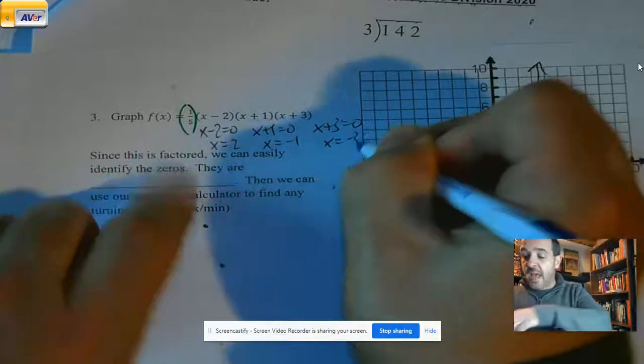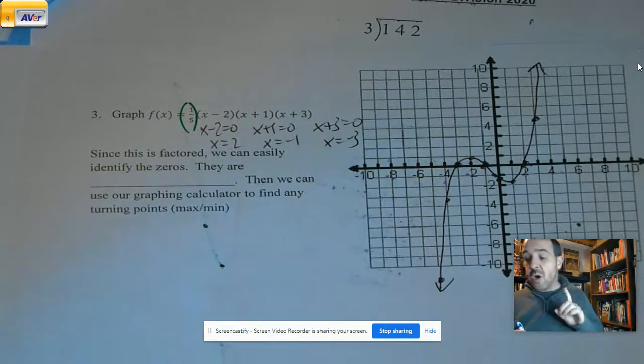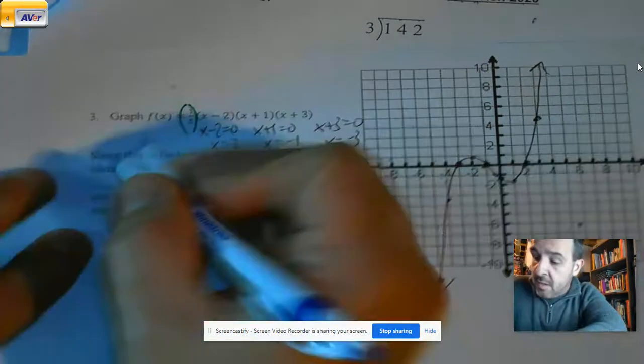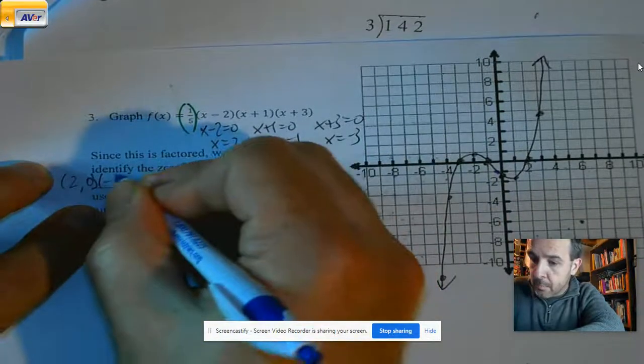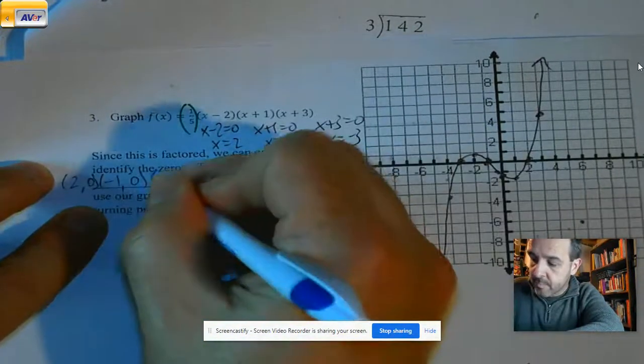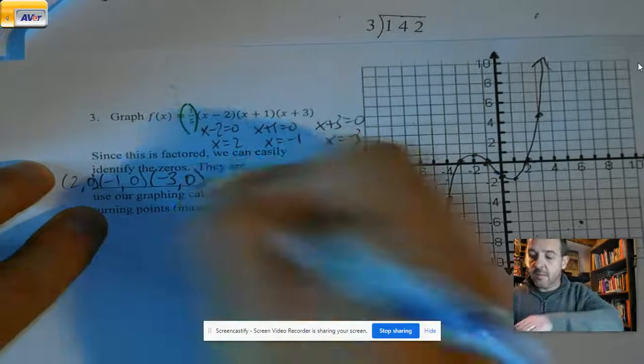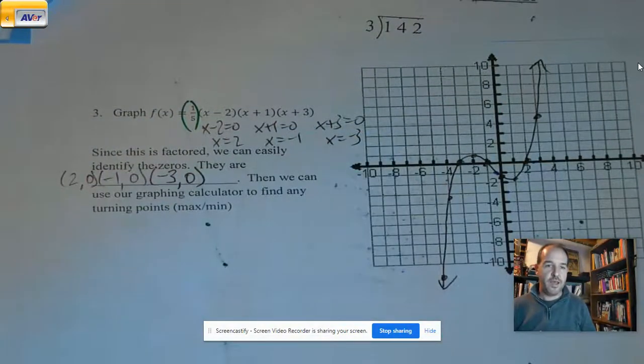Same ones I got off the calculator. But remember, these zeros that we're looking for are intercepts. Okay. So I get those.